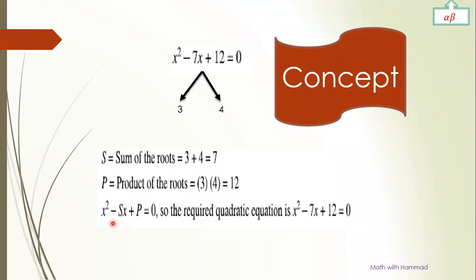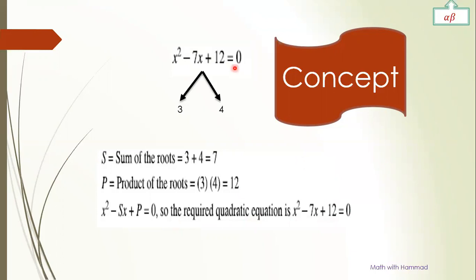The standard form or the basic form of the equation is x square minus sx plus p is equal to 0. What is the value of s? Here s is 7. Replace s by 7. And what is the value of p? Here p is 12. Replace p by 12. We will get x square minus 7x plus 12 is equal to 0, which is our equation. This is the concept behind that equation.